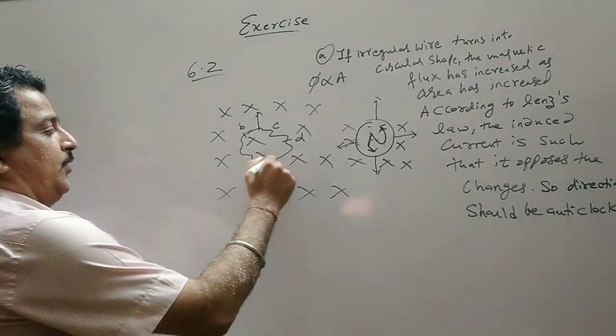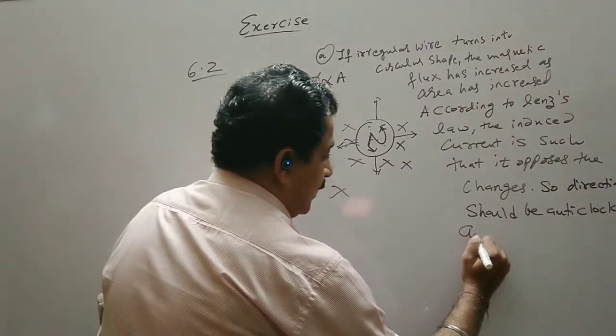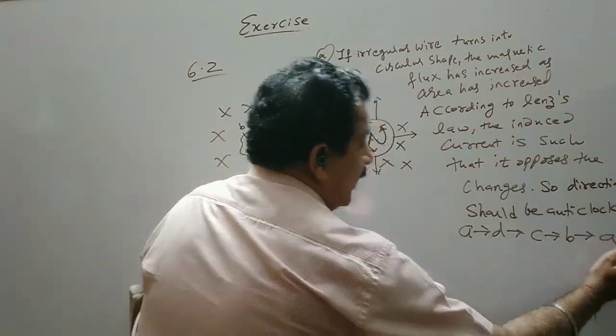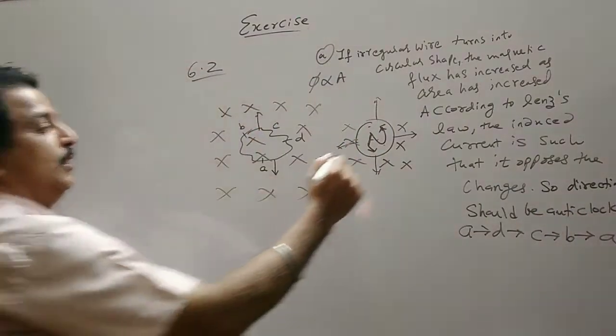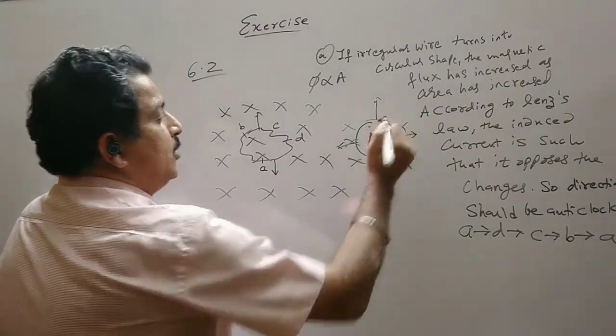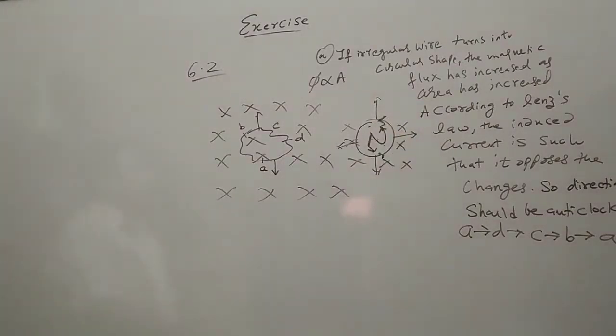So let us say the direction is anti-clockwise. You can write the direction from A to D to C to B to A. You can start from anywhere. So current in this circular loop, when it turns into a circular shape, will flow in anti-clockwise direction.